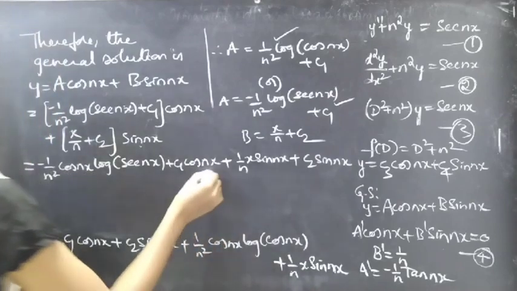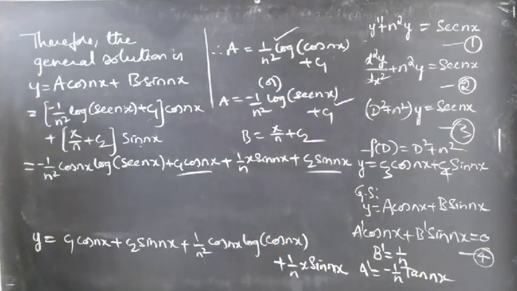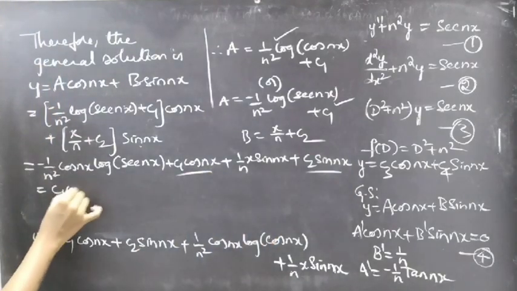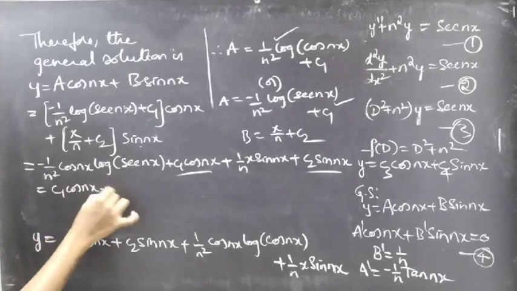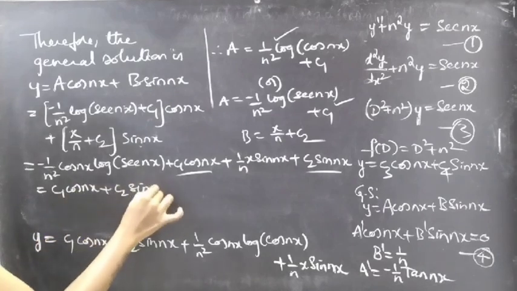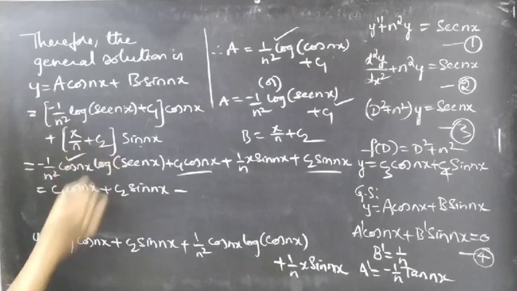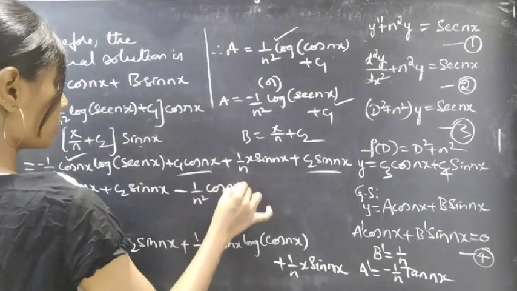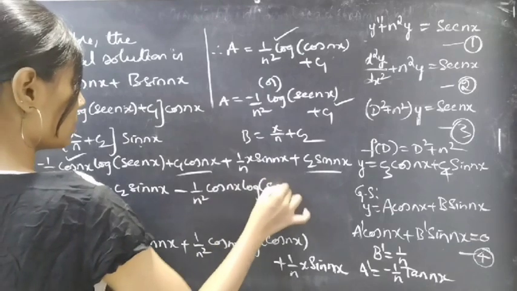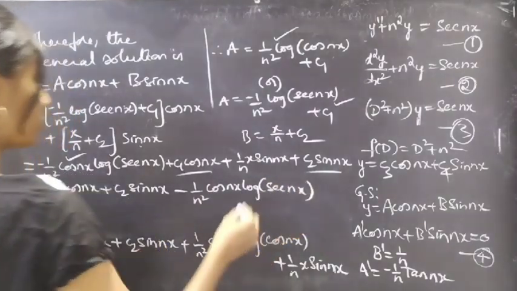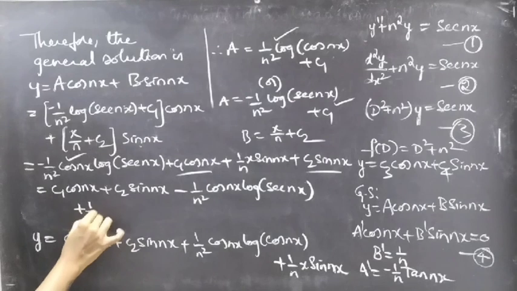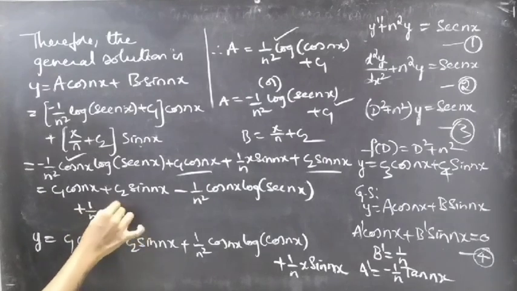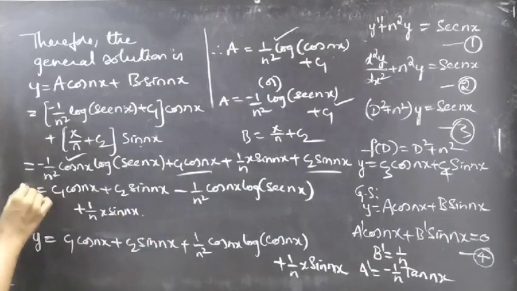Or we can write it as, writing the terms involving c1 and c2 first, we'll have c1 cos nx plus c2 sin nx minus 1 by n square cos nx into log of secant nx plus 1 by n x sin nx.